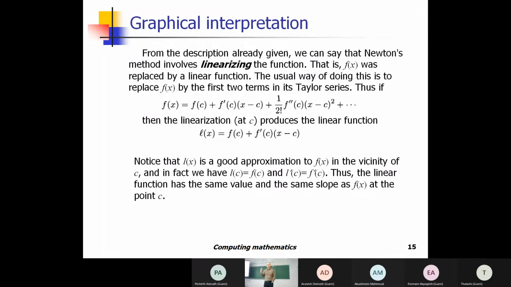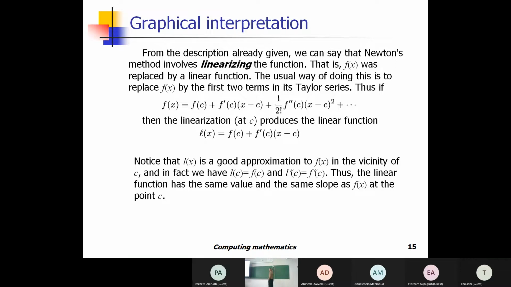I already drew the graph of the function f of x on the board.